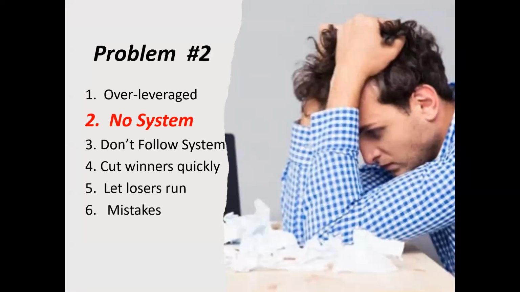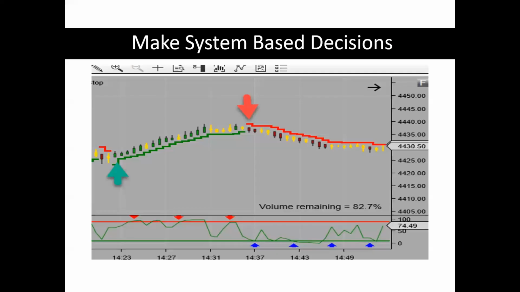Problem two that people have with trading is they don't have any kind of system. That's what we're going to show you here today. You want to have a systematic way of taking entries and exits in your trade. You need to have a tool that's going to give you the confidence to stay in the trade for the bigger move.